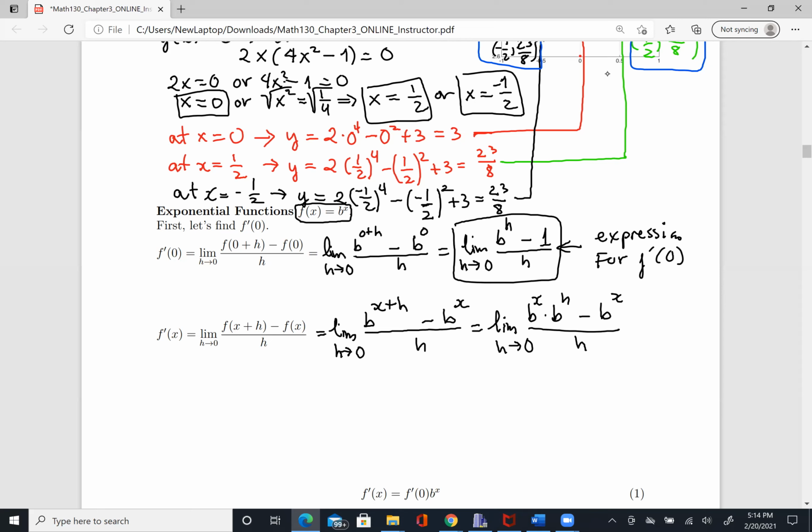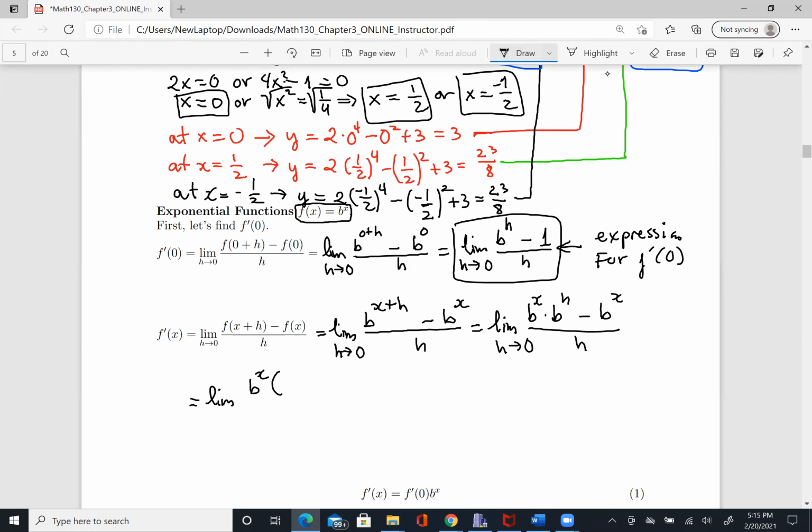Okay, so now what you can do is try to factor b to the x from the top, right? So I have equal to the limit, factor b to the x from the top.